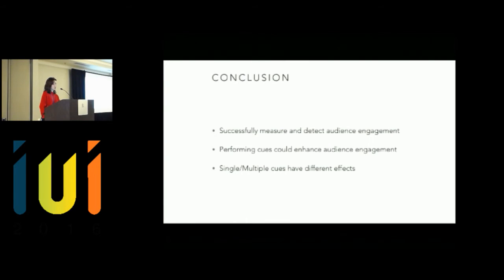Here is our conclusion: our system can successfully measure audience engagement, and by using our algorithm, we can detect whether engagement is decreasing or re-engaging. Second, the performing cues that we create can increase audience engagement in real time.